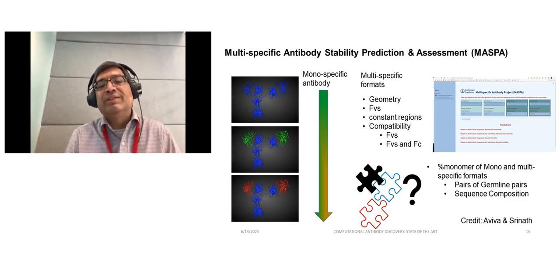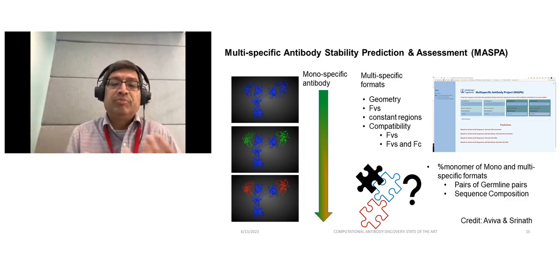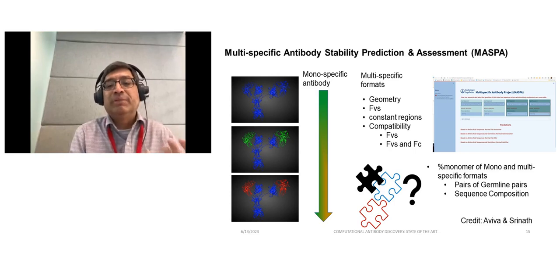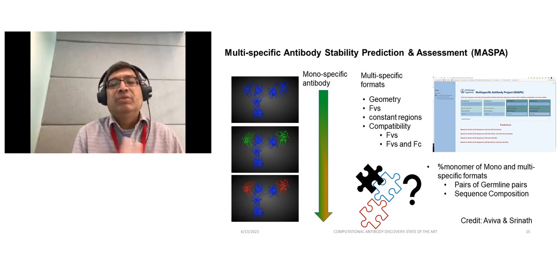Again, we're using very simple ideas around percent monomers and interpreting them in terms of germline pairs and their compatibilities. We were able to make a few digital tools around it.